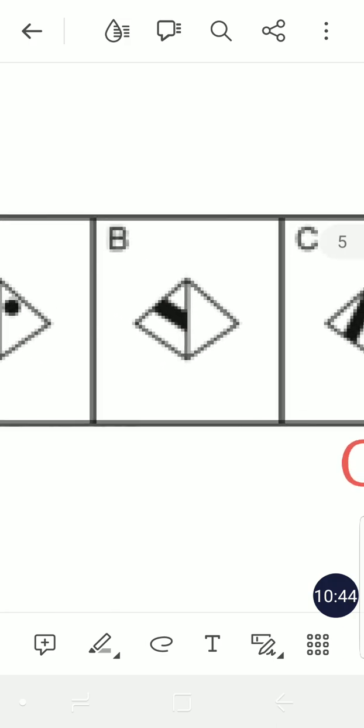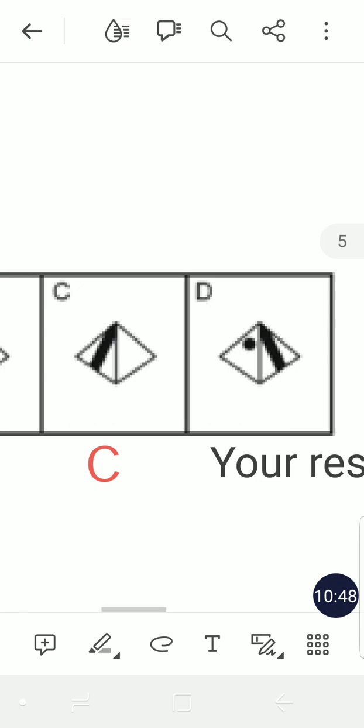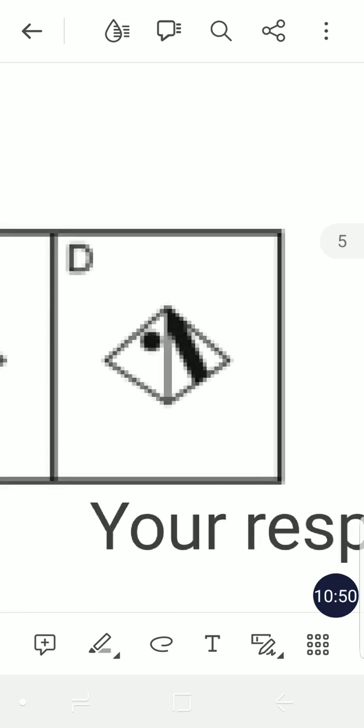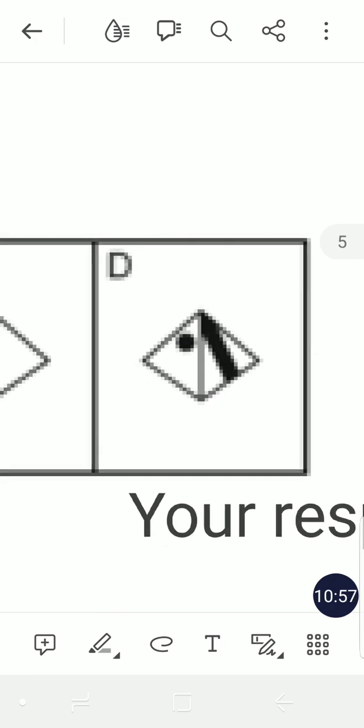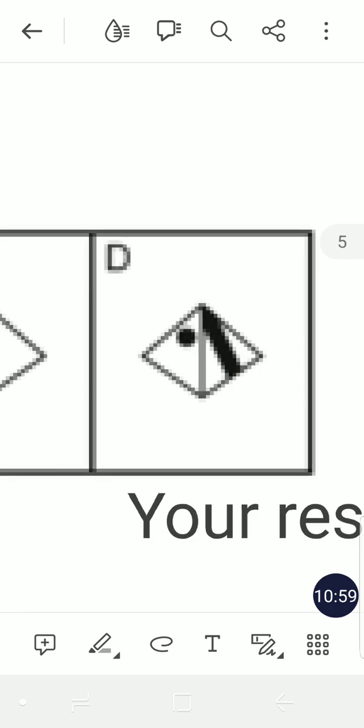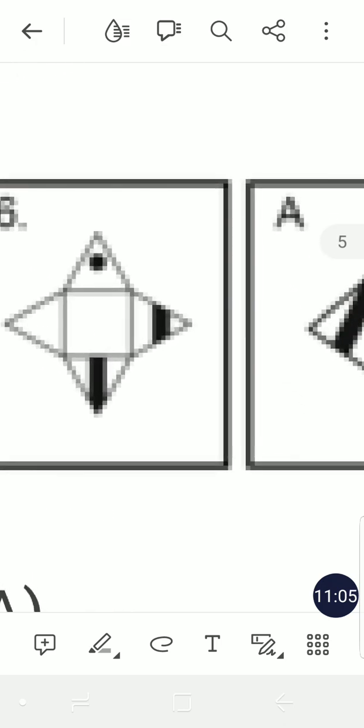So it doesn't exhibit that sequence for B. And for letter B and letter D, the longer line is right beside the shaded dot, and here they're opposite.